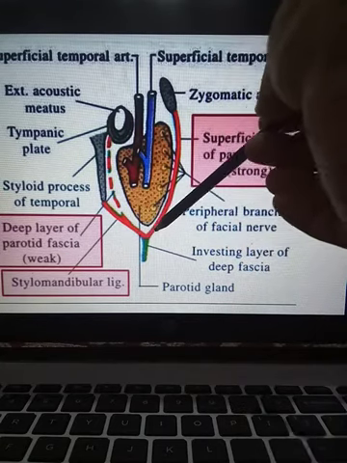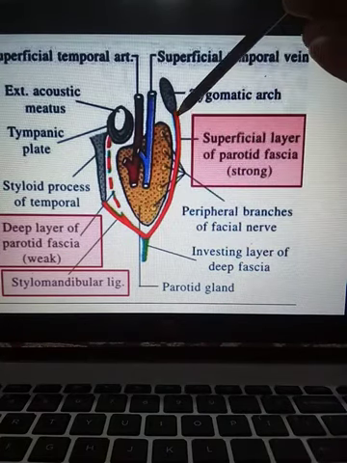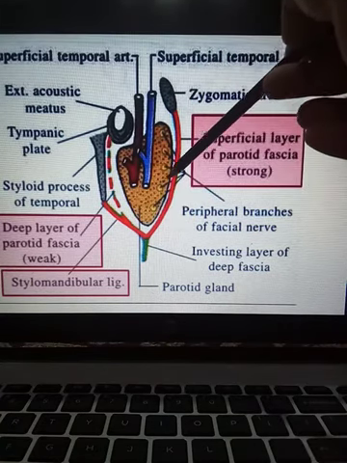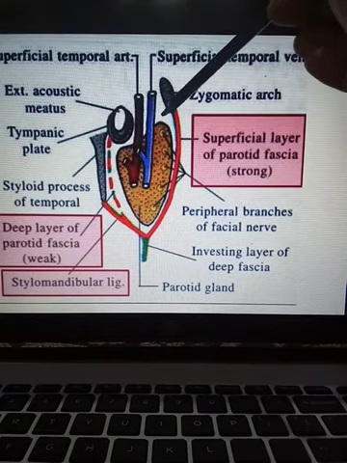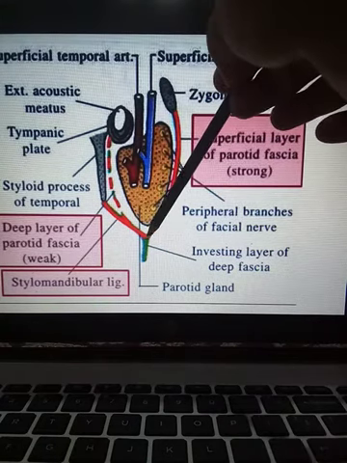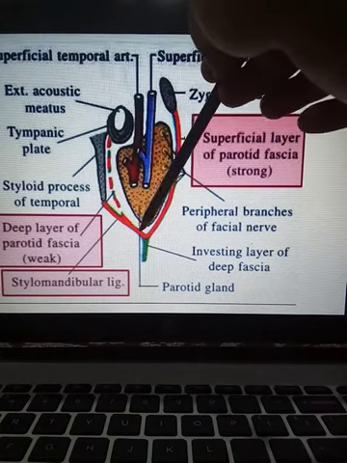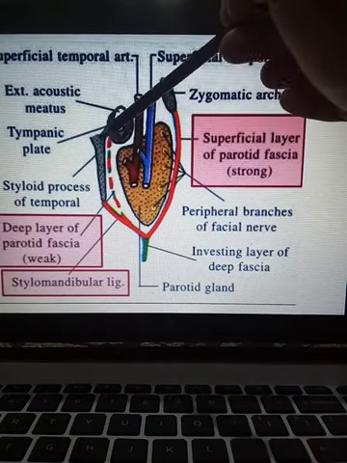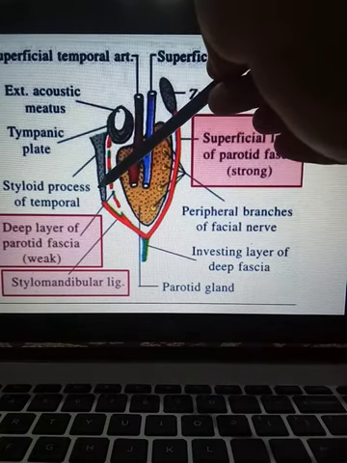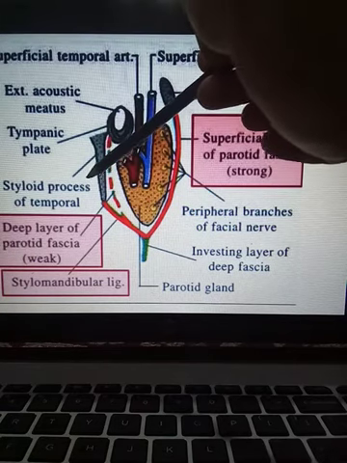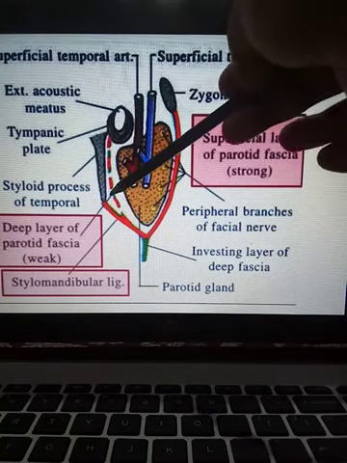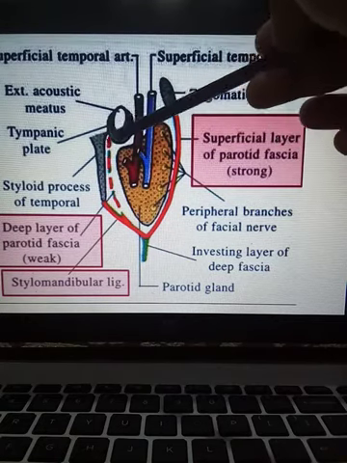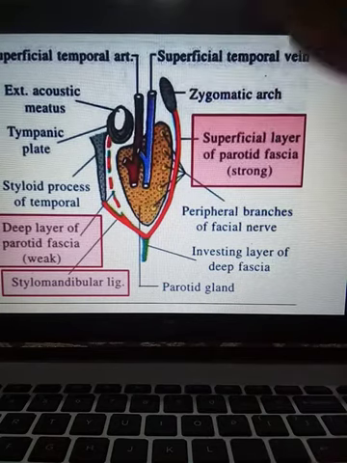The superficial layer will go anteriorly and attach to the zygomatic arch. Then the deep lamina goes posteriorly and attaches to the styloid process. It also attaches to the angle and border of the ramus of the mandible, and to the tympanic plate.